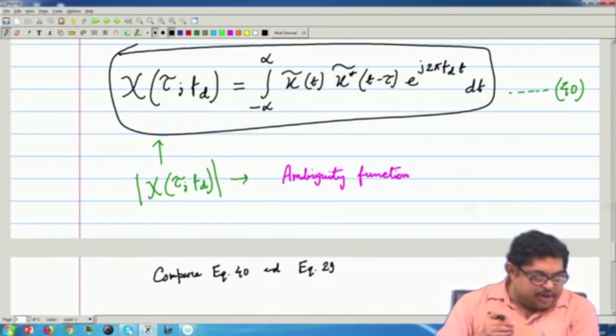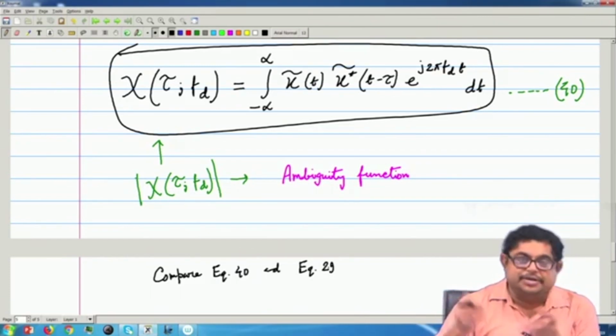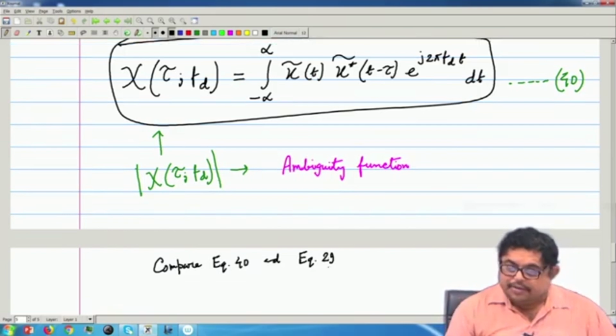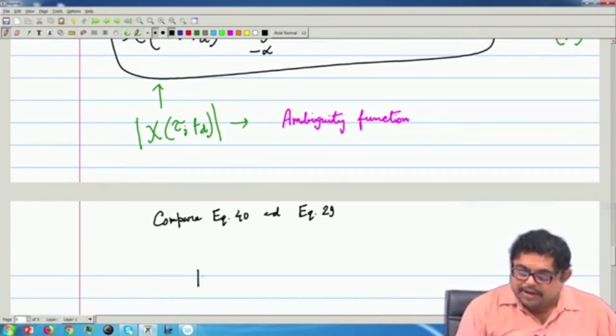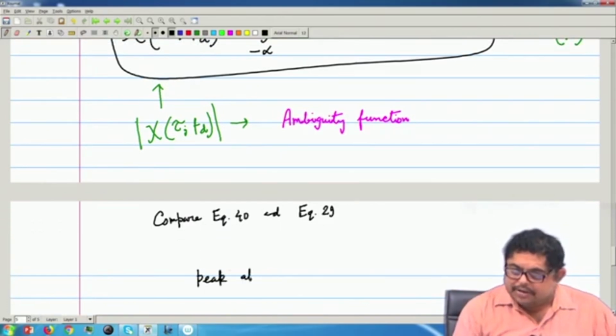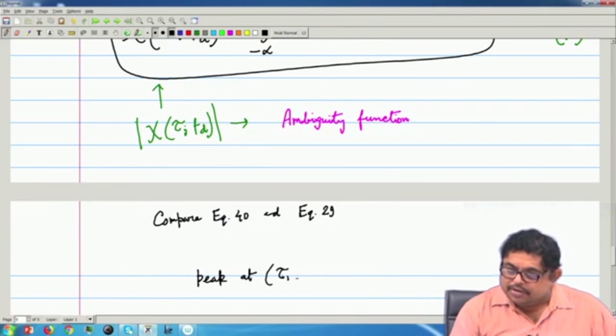So, if you look at the match filter output and get a peak, since it is a two dimensional function, suppose at tau 1 and f d 1 you get a peak.